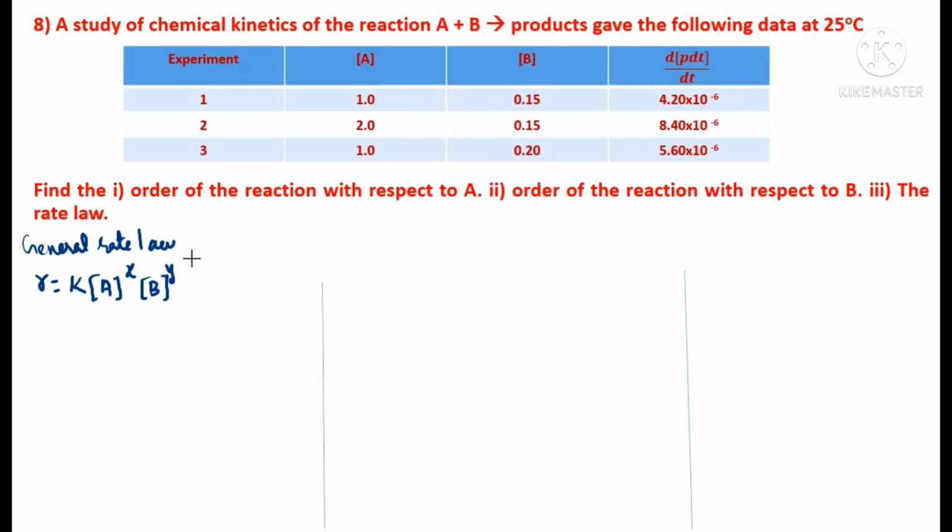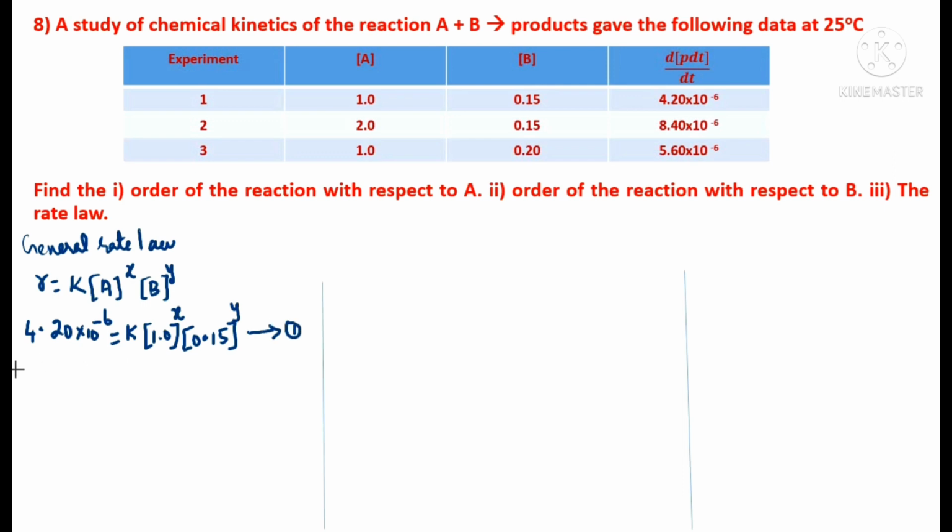Now let me write the first equation. For rate, 4.20 into 10 to the power minus 6 is equal to K into the concentration of A, 1.0 to the power X, and B is 0.15 to the power Y. Let this be equation number 1.